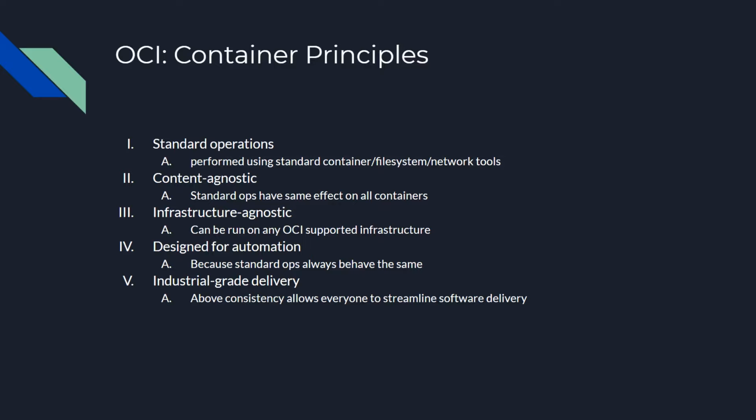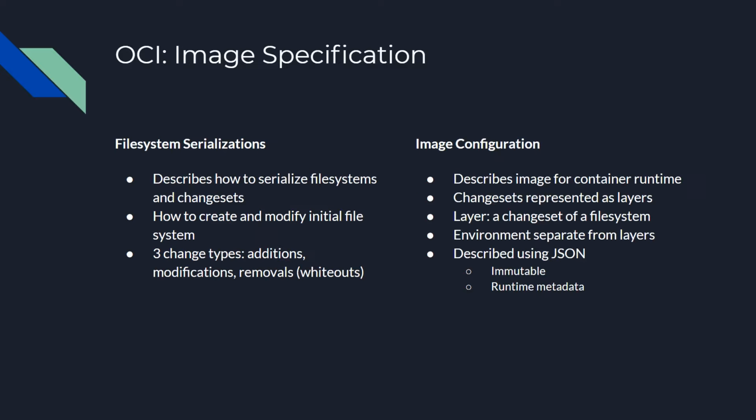And lastly, we should have industrial grade delivery. Because of all of this consistency above and the automation that it enables, it should be very easy for either a dev shop of 14 people or an enterprise of thousands of people to distribute their application to their customers.